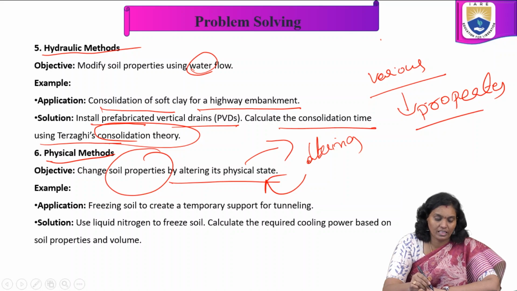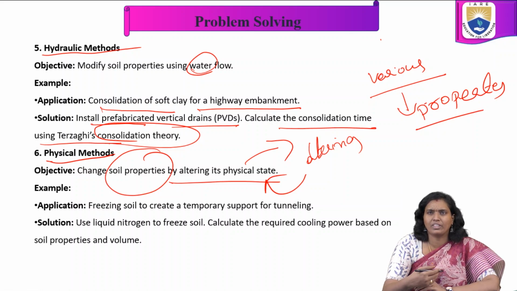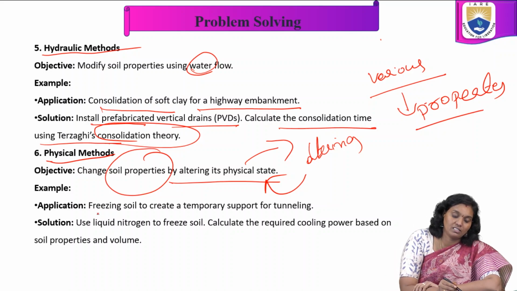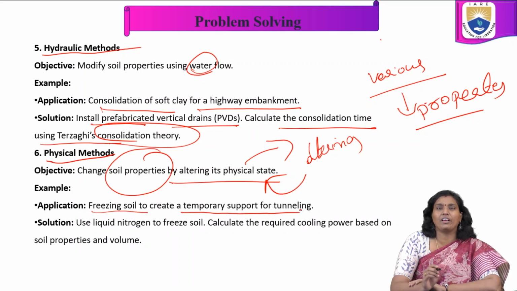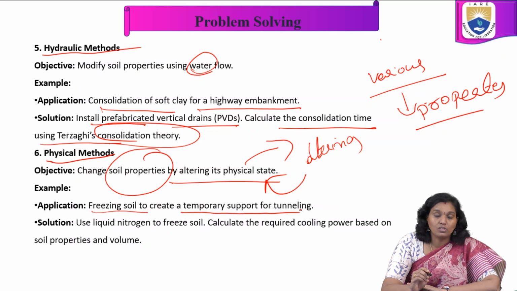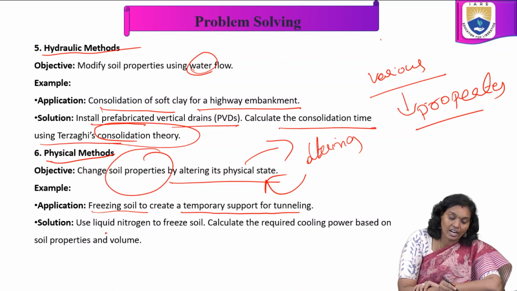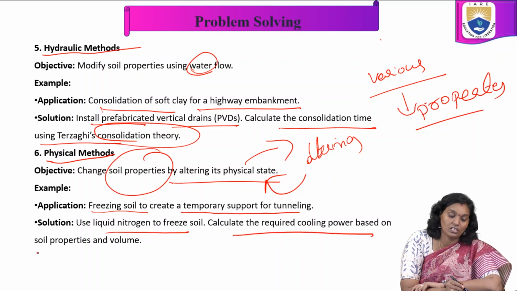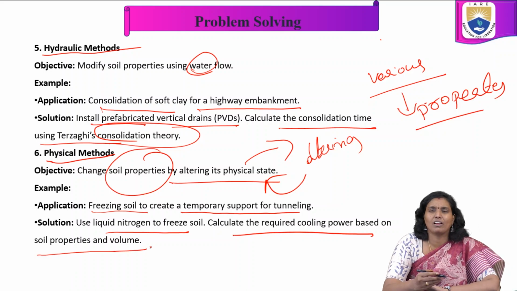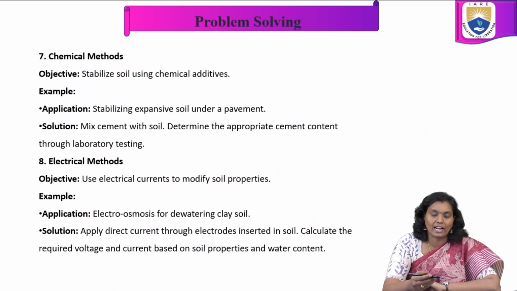What is available in terms of maybe freezing or densifying and supporting, different kinds are involved. In this, we apply freezing soil to create a temporary support for tunneling. The solution: use liquid nitrogen to freeze the soil, and calculate the required cooling power based on the soil properties and the volume. This is one of the examples under this category.